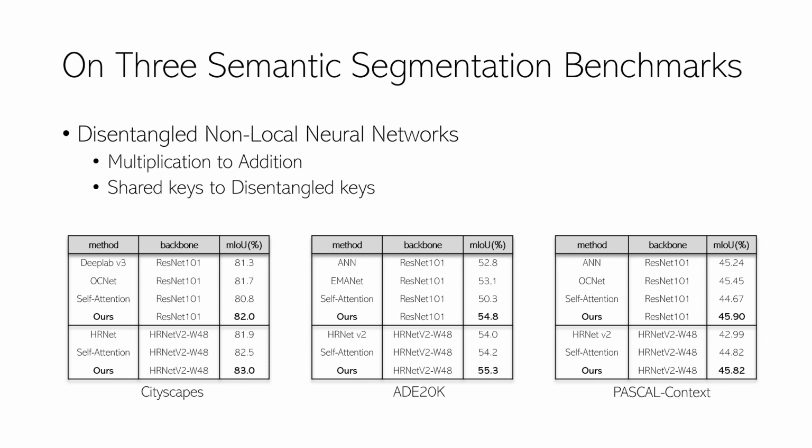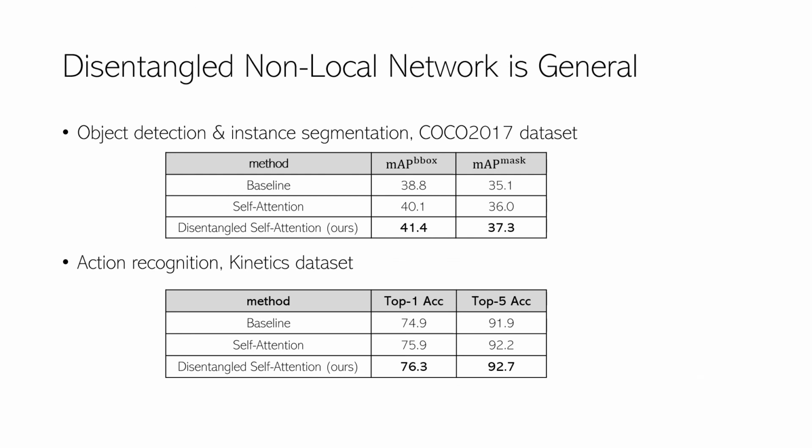It achieves competitive or even better results with other SOTA methods in the mainstream datasets for segmentation, including Cityscapes, ADE, and PASCAL Context. The Disentangled Non-Local Network is general, which can also benefit object detection, instance segmentation, and action recognition.